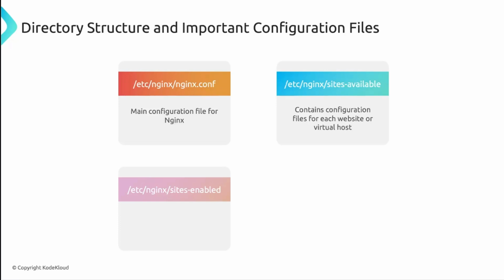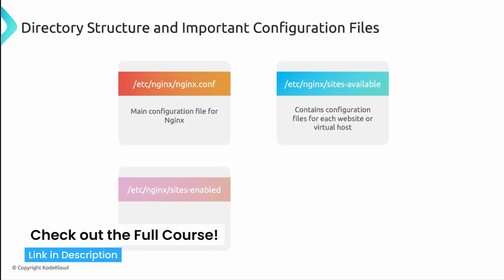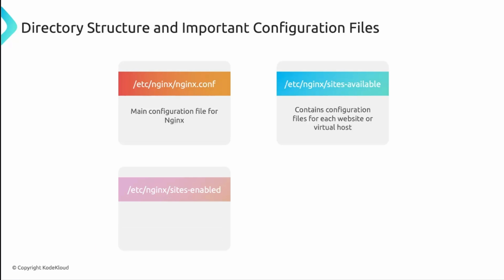In this directory, you have that symbolic link, also referred to as a symlink, to the file in sites-available that you currently enable, in a way. If you want to use it, you put it first in sites-available, and then you enable it, and it will add it to sites-enabled.